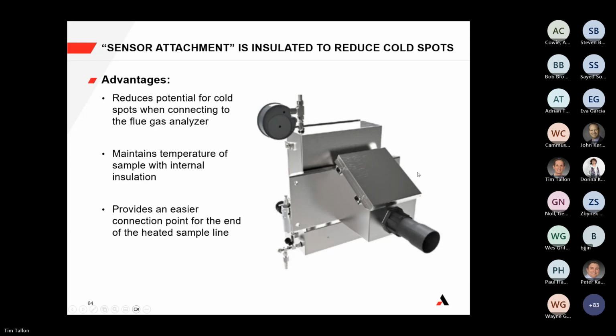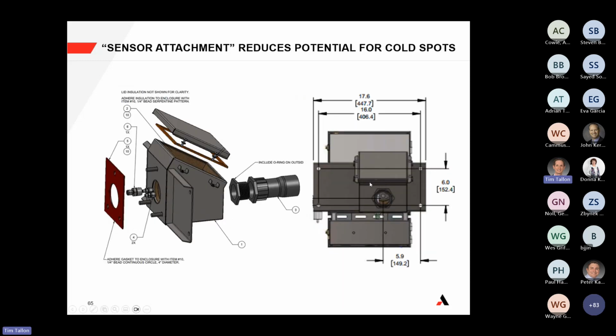Thank you, Joe. And so if we look at some of the other pictures around that, you'll see that this is the end of the connection for the heated sample line, like Joe said, at the end of the boot. You'll see that there's a little bit of insulation inside just to keep it warm before it connects to the back of the process. And this is sort of what it looks like when you look from the back before you bring in the heated sample line.